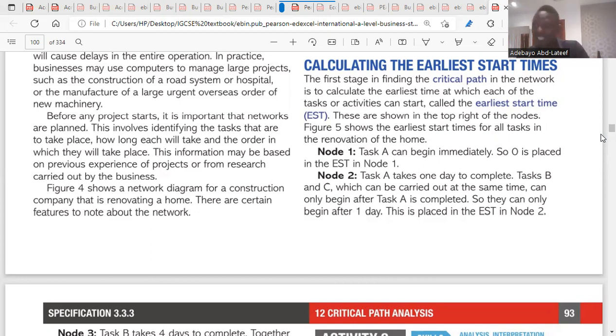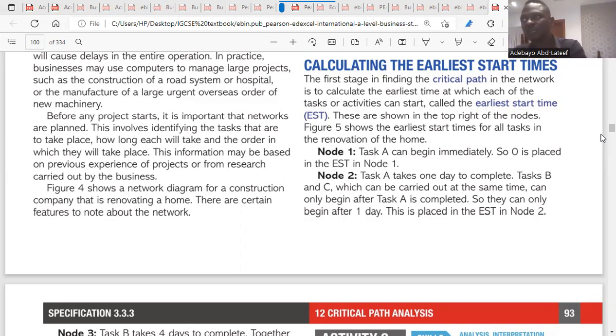So the earliest start time means the earliest time at which a project or a task can start. The EST is the first stage in finding critical paths in the network, as it calculates the earliest time at which each of the tasks or activities can start. So task A has to start within the next 3 days.